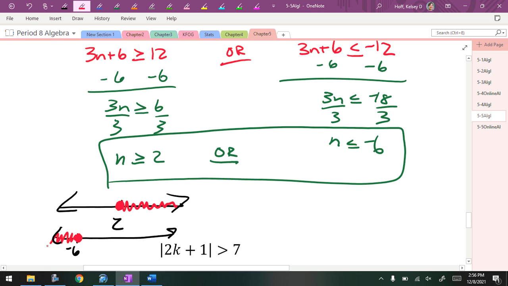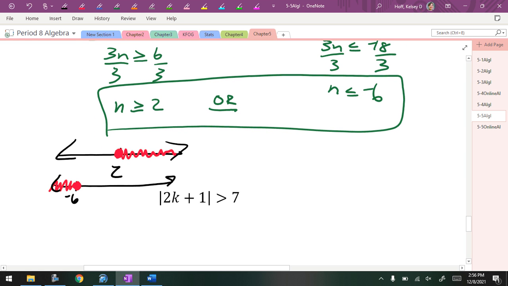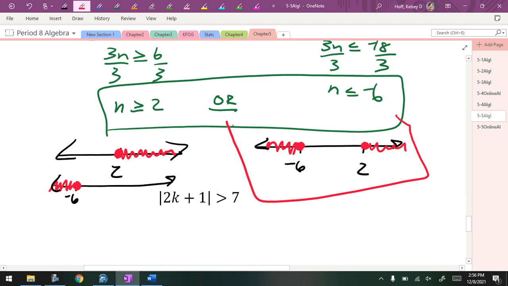With an or statement, do they have to overlap? No. So your final graph would show a -6 and a 2. Closed circles on both, correct? And your wings are shaded, which is typical of an or statement, right? Typical 97% of the time. Okay?